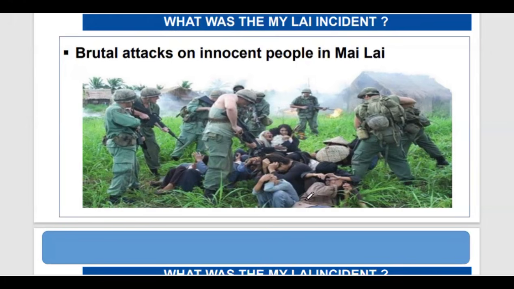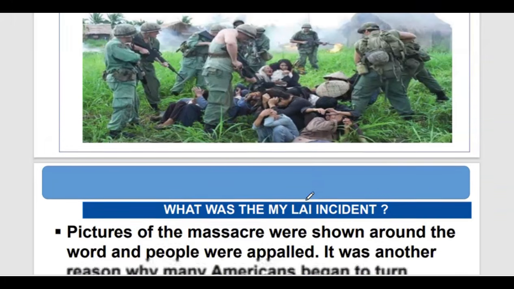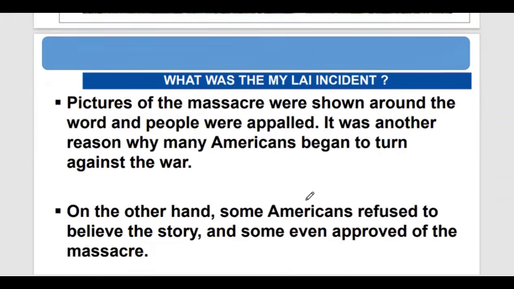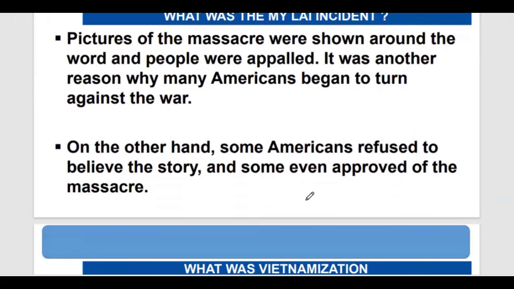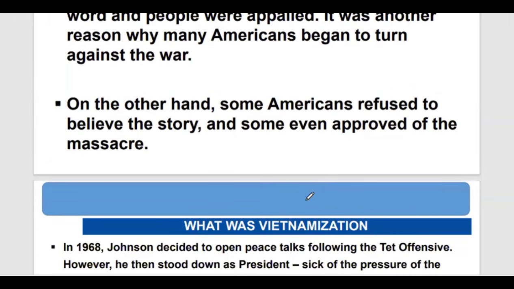And they were strongly brutalized and apparently killed in the process. And these people were innocent. They were not even part of the guerrillas. But because of the misinformation that the American army received, they ended up brutalizing those people and killing them. Right. It explains pictures of the massacre. Americans refused to believe the story.